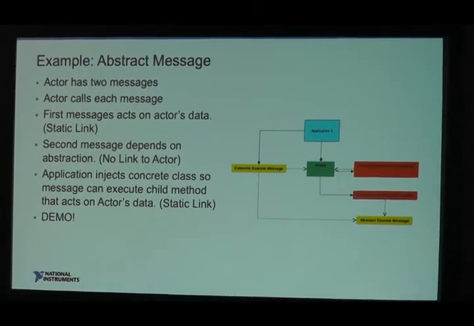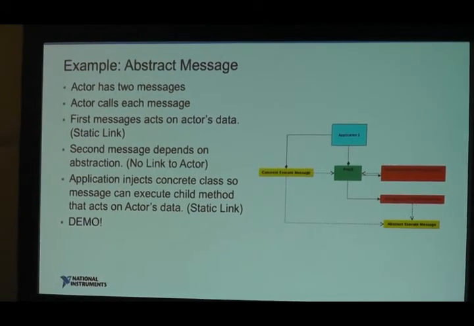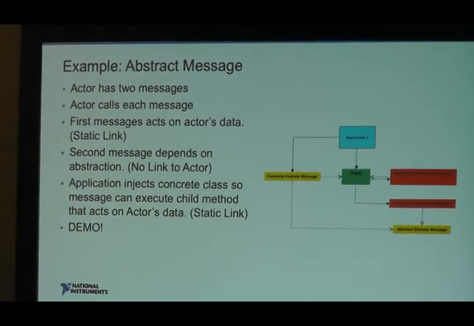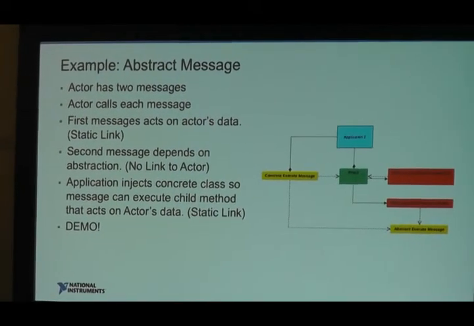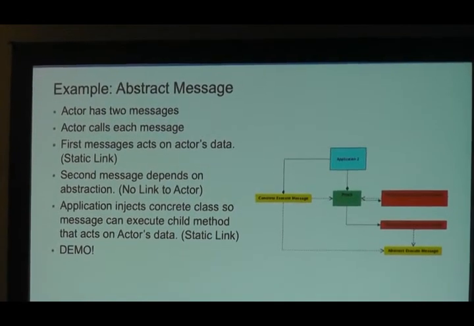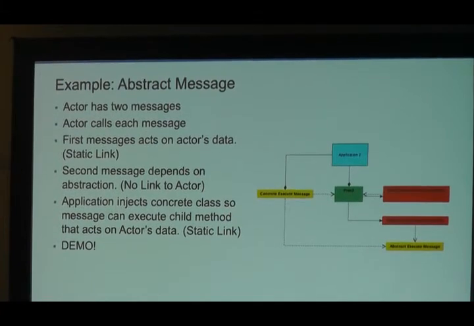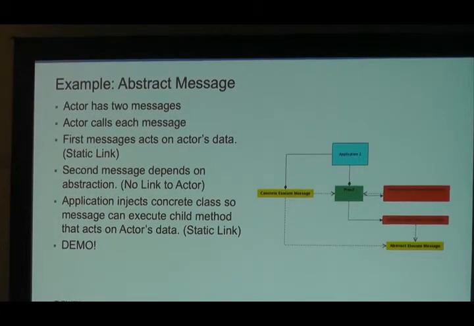So let's take a look at another application here. This one has two messages, and for one of them, I used this abstraction to break the link. The other one I didn't.